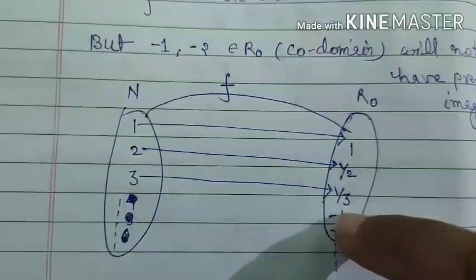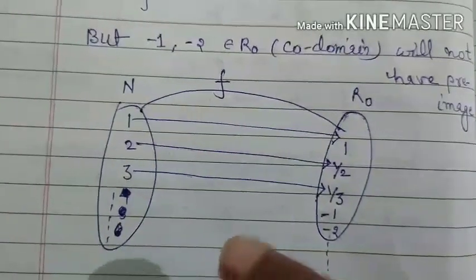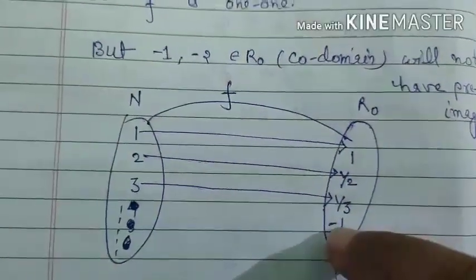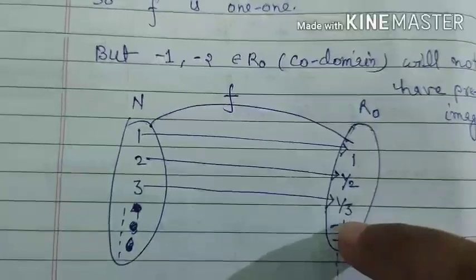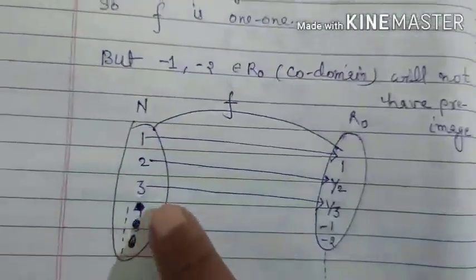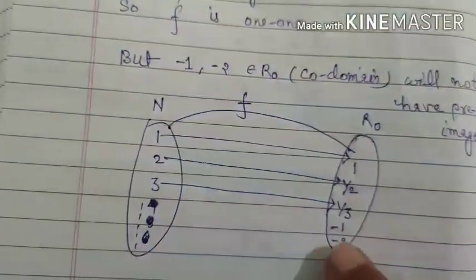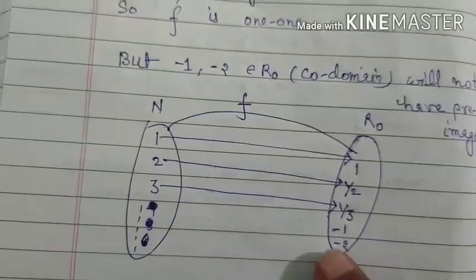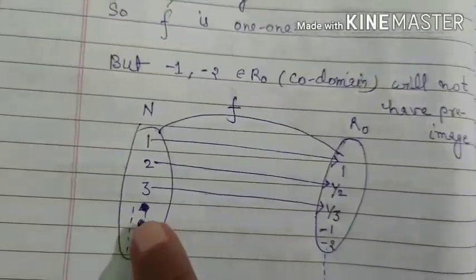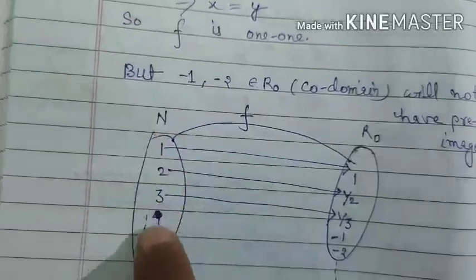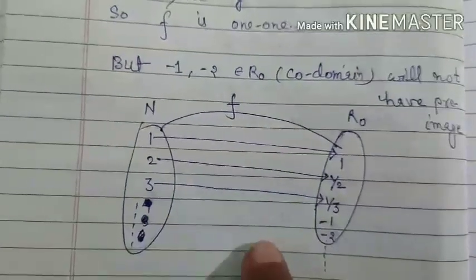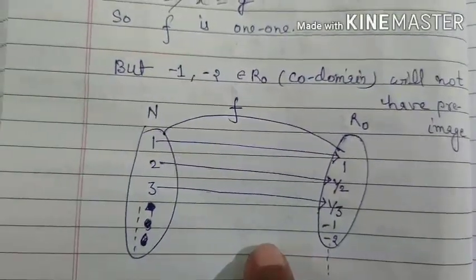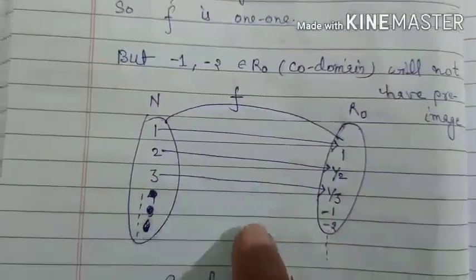Like -1 will not have its pre-image here, because -1 reciprocal is -1, and -1 cannot be in this set. Similarly, -2, reciprocal of this will be -1 upon 2. It cannot be here because it is the set of natural numbers. So this function is not onto.